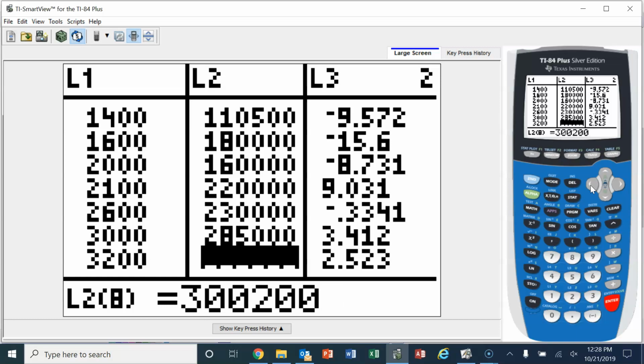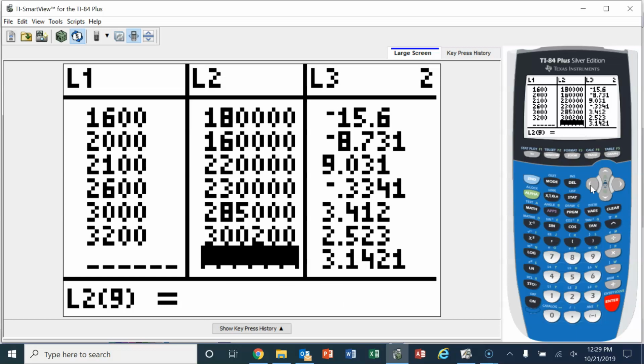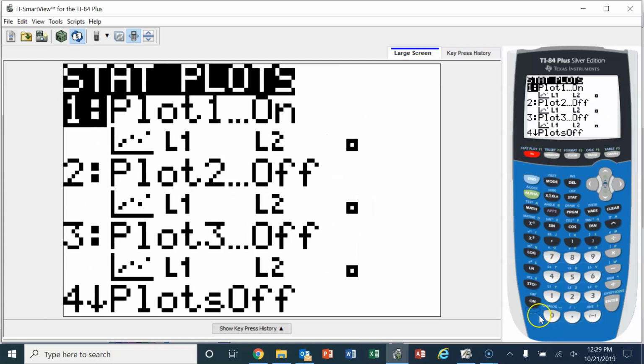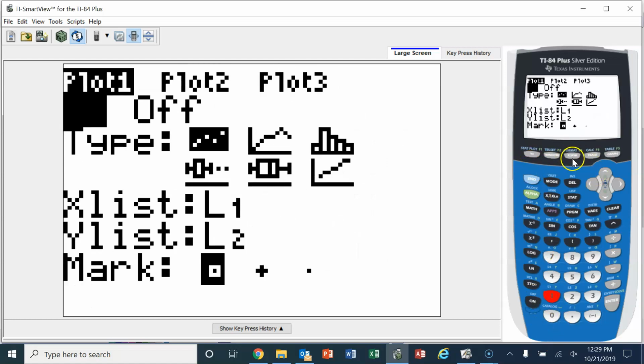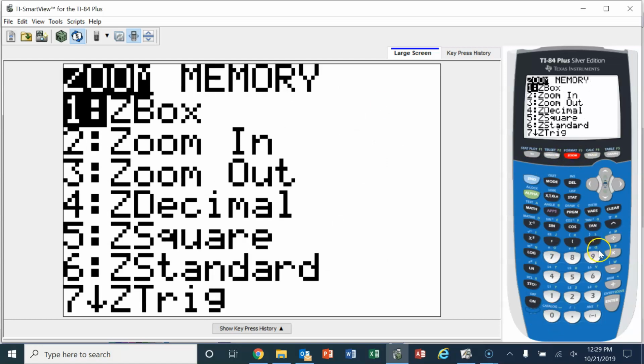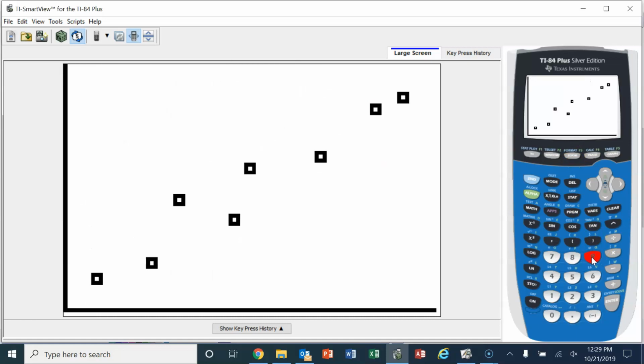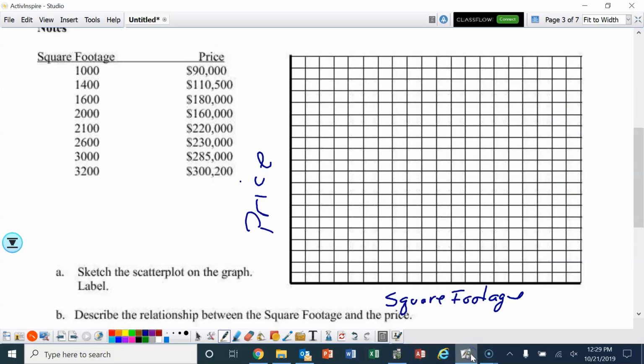All right, hopefully I didn't mess up. Everybody's got a partner, looks good. All right, again, our stat plot is already set. Nothing to do there, just hit zoom 9. All right, so let's go ahead and sketch these dots on our paper. Again, just do the best you can. Let's see, right about here.